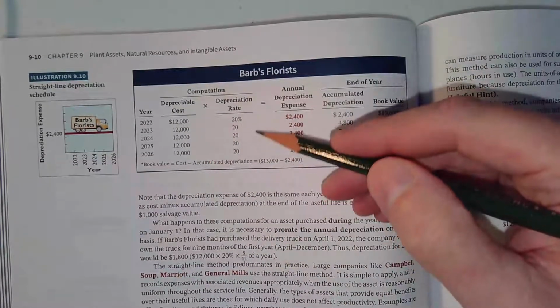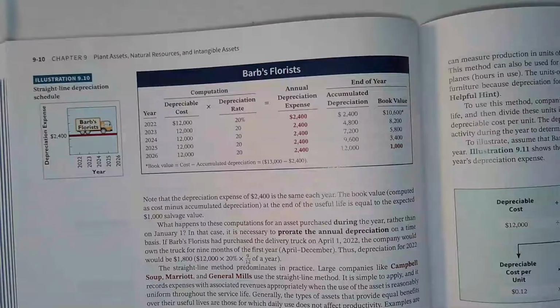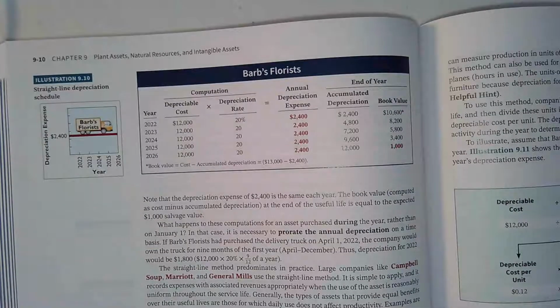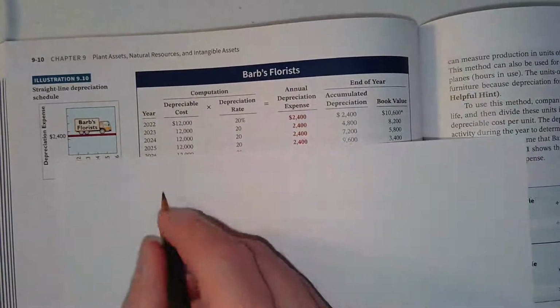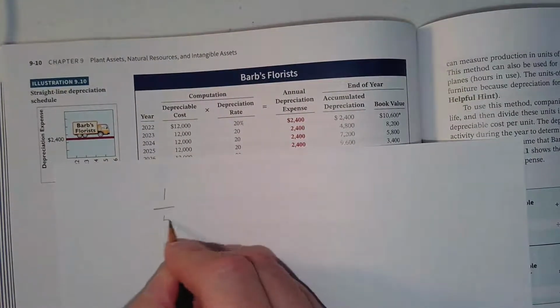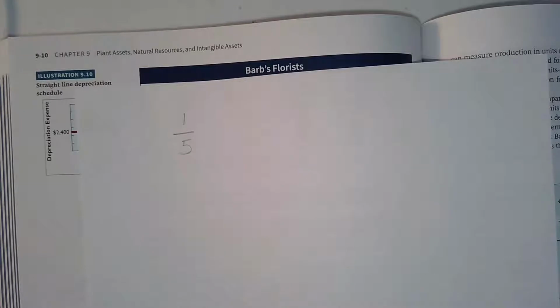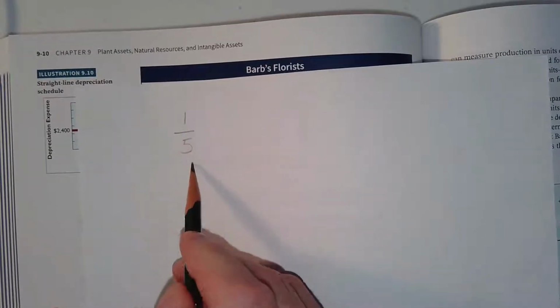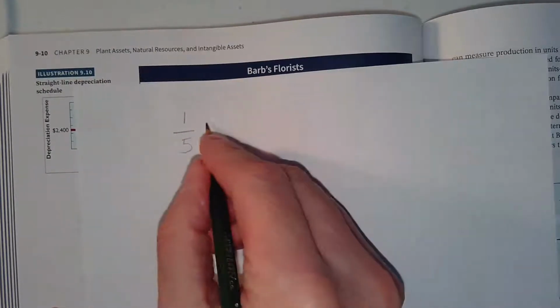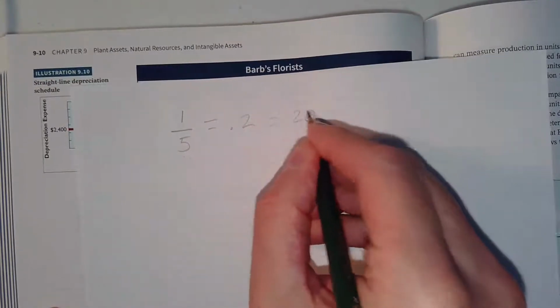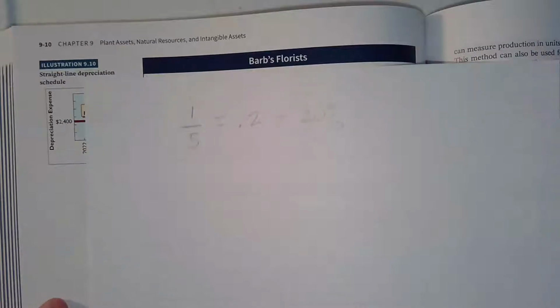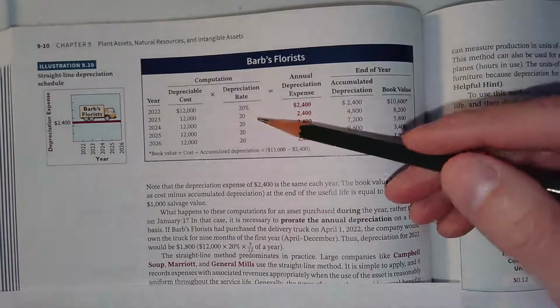This rate here, if you're wondering how they got that rate: because it's a 5-year asset, 1 divided by the years. 1 divided by 5, the useful life was 5, comes out to 0.20 or 20%. So that's where this 20% came from.